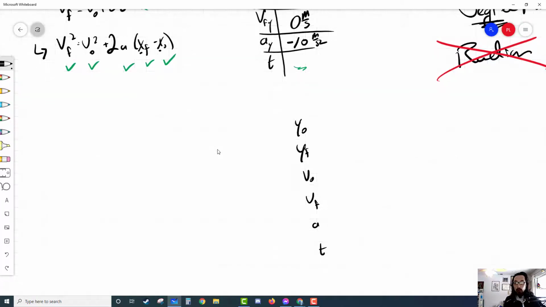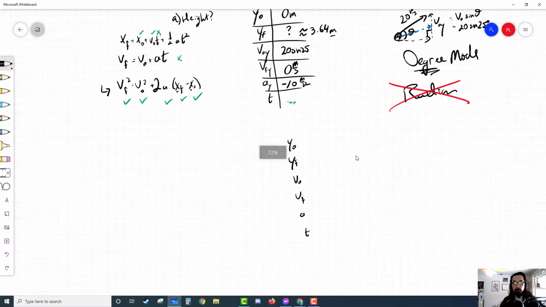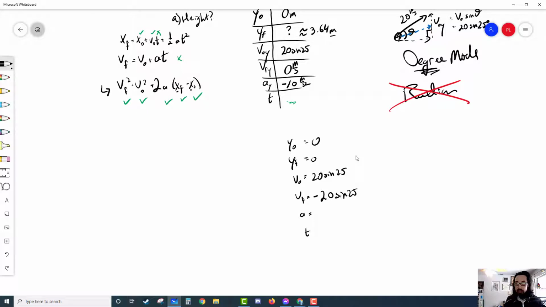We know our initial position and our final position are both 0. Our initial y velocity will be 20 sine of 25, and because it's landing at the same height, the final velocity will just be a negative version of that. Your acceleration should be negative 10 meters per second squared, and we're looking for the time.